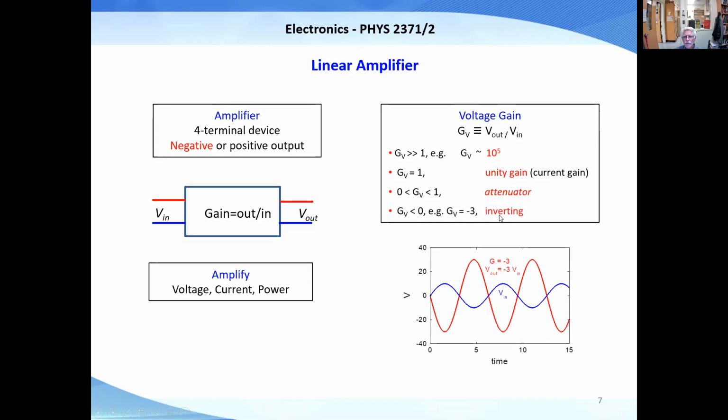You can also have inverting, and op amps are great for inverting signals. If the gain is less than 0, like -3, here's an example: the blue curve is a sine wave V sub in, and the red curve is V out, and it's 3 times the size, and it's a negative of it.